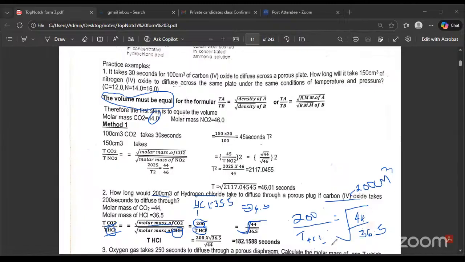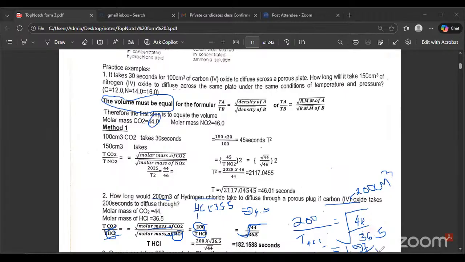So the answer after the square root, easy, divide and square root, so it will be 200 is equal to 1.097 over 1. Sorry, this one is over 1. Let me change the color very quickly so that I can do it here.